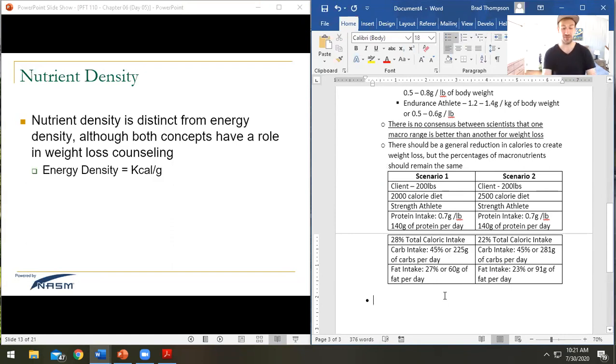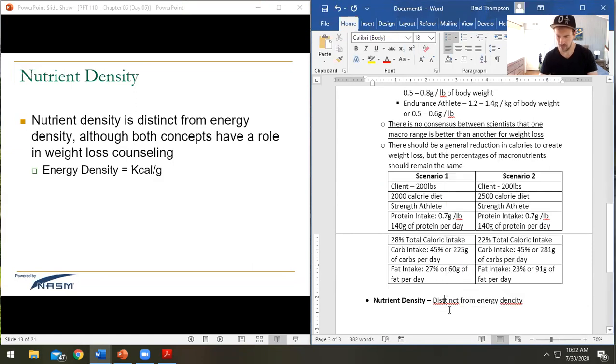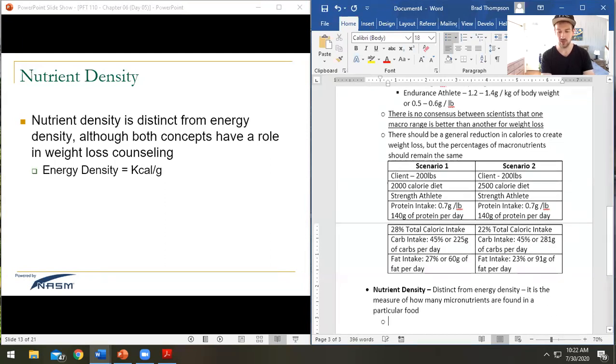So that's where we've got to talk about nutrient density, right? Which is distinct from energy density, right? It is the measure of how many micronutrients are found in a particular food.